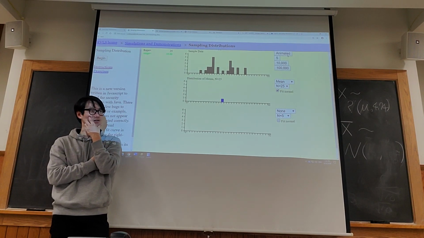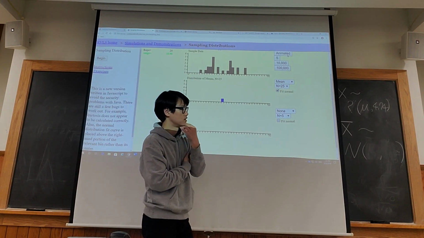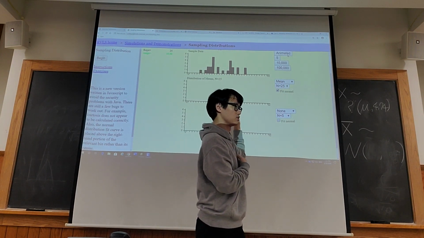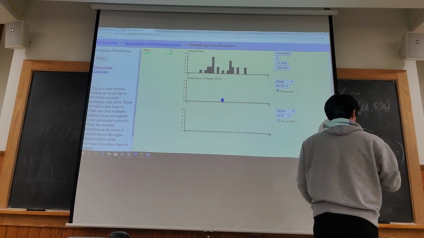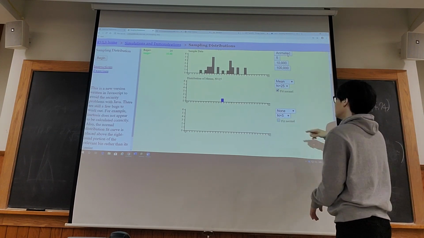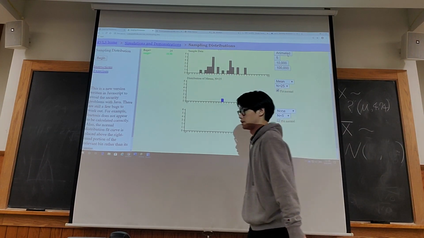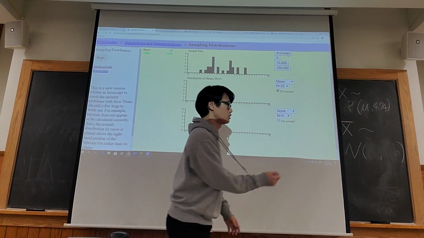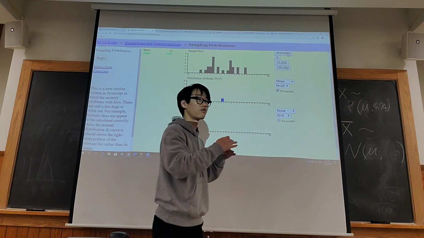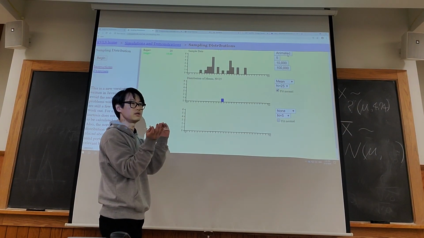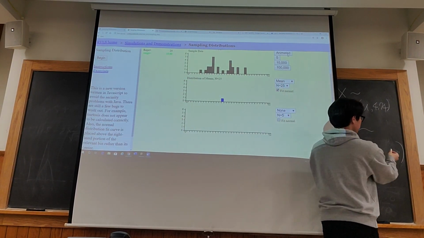Why? Because I know that this one follows the normal distribution, right? And I don't know what the mu is, but the distribution of this one will be the same, right? It will be distributed around the real mean. And then what is the standard deviation?